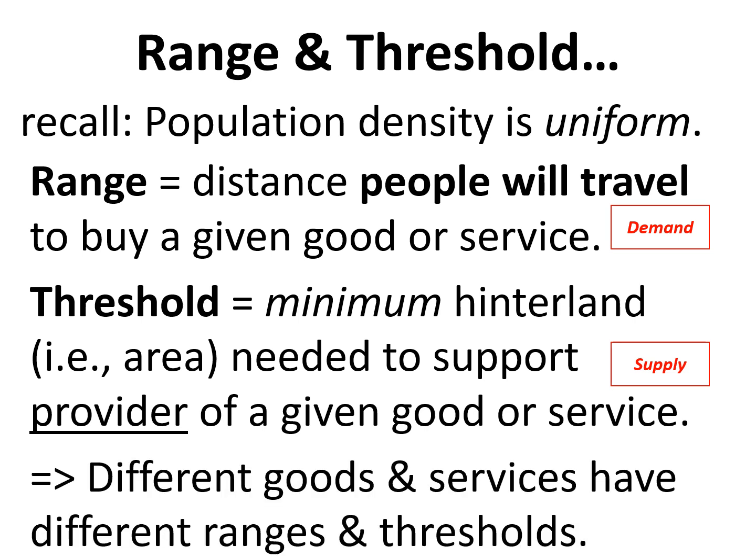Different goods and services are going to have different ranges and thresholds. That's probably pretty obvious if we think about it in plain English. I'm not going to travel 200 kilometers for milk in the current environment.